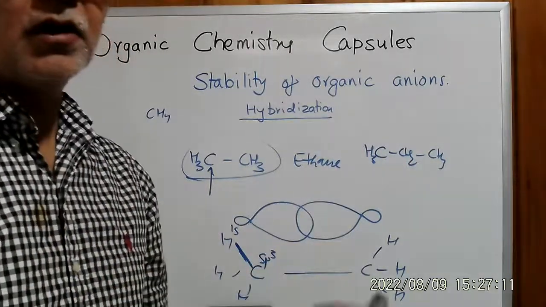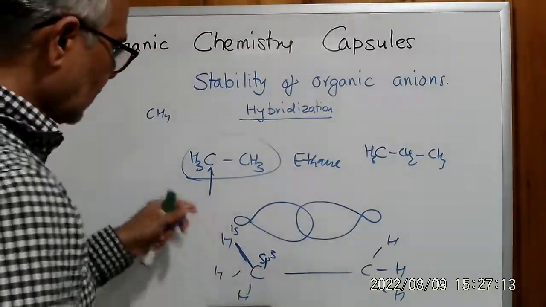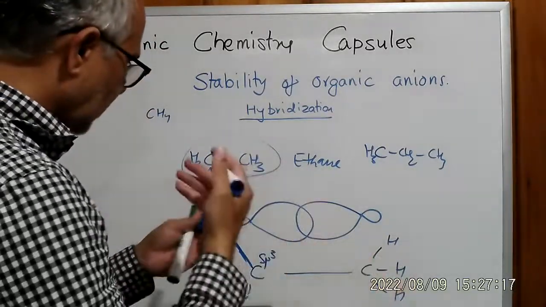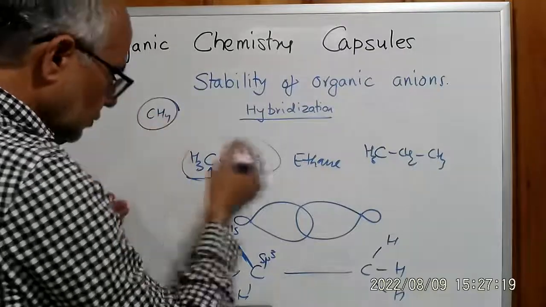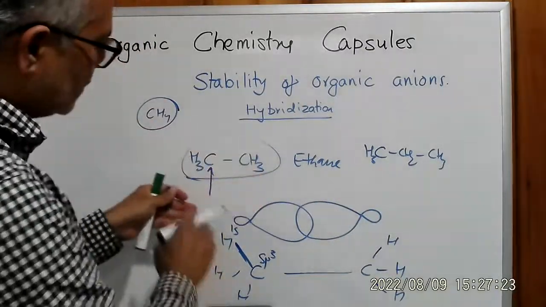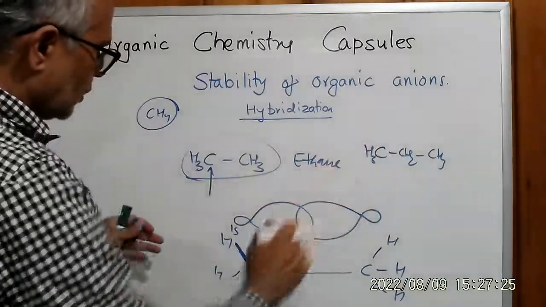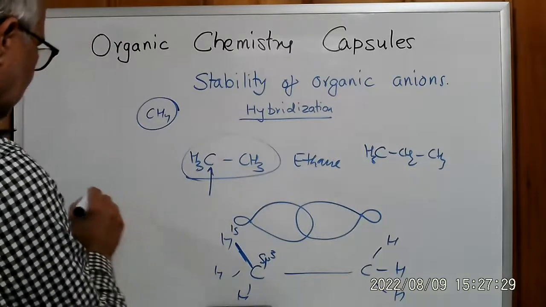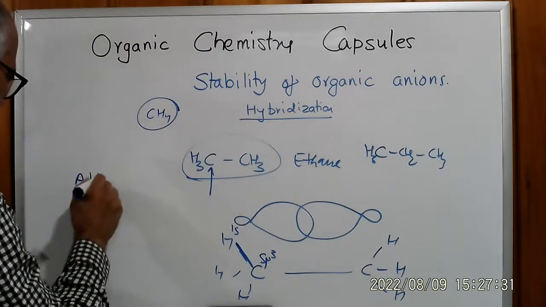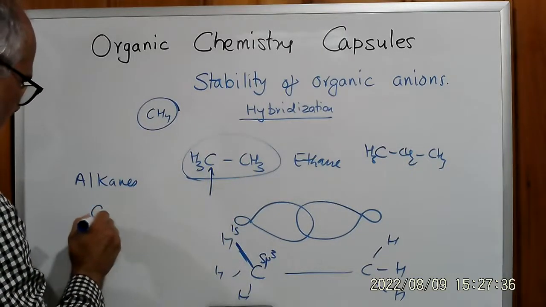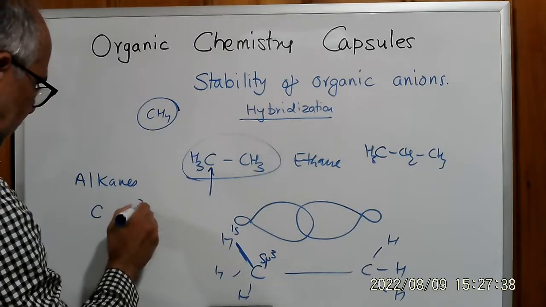To explain certain experimental facts, so hybridization explained the fact that all 4 carbon hydrogen bonds in methane are identical. That's then expanded to other alkanes. So therefore, alkanes are compounds that have carbon-carbon single bonds in which carbon is sp3 hybridized.